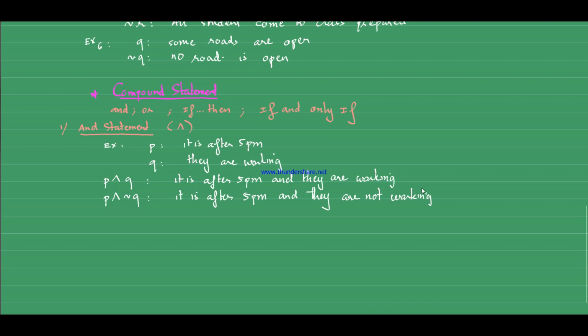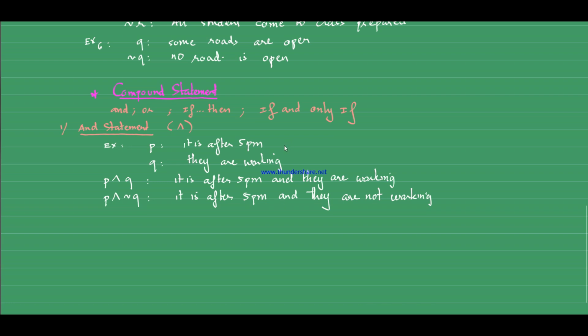I mean, this statement here, we can also understand it with the word "and" or "but." You can translate this as: it is after 5 p.m. but they are working. Or: it is after 5 p.m. but they are not working.